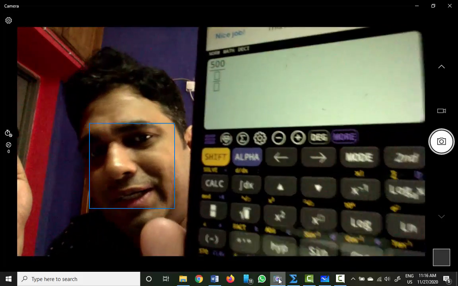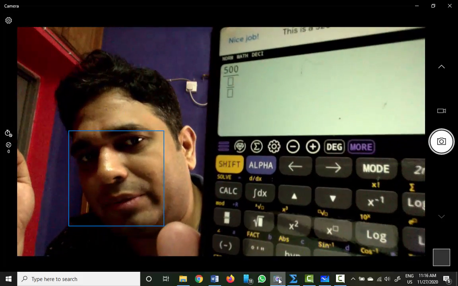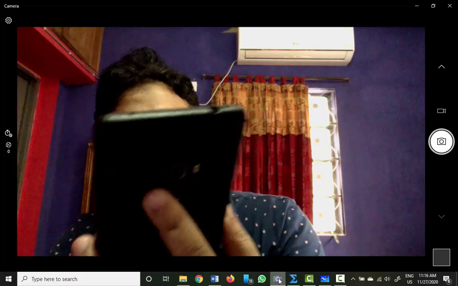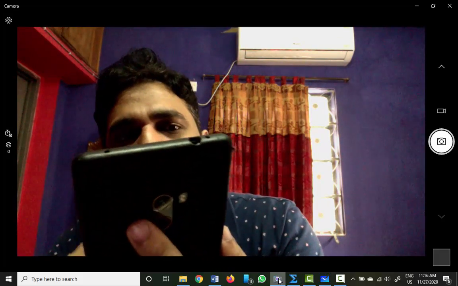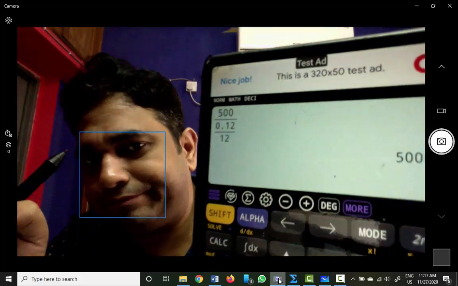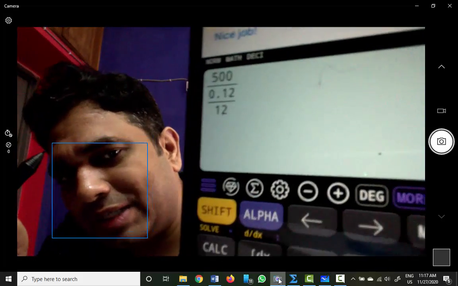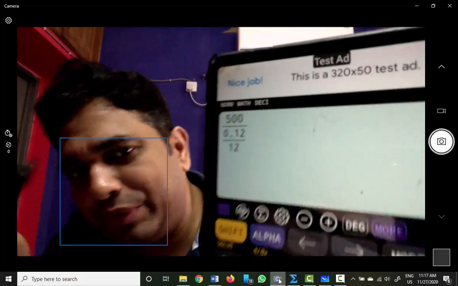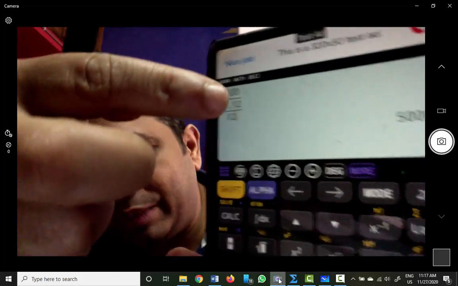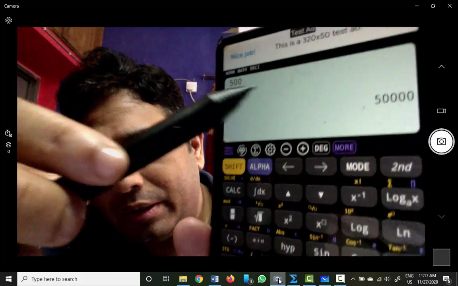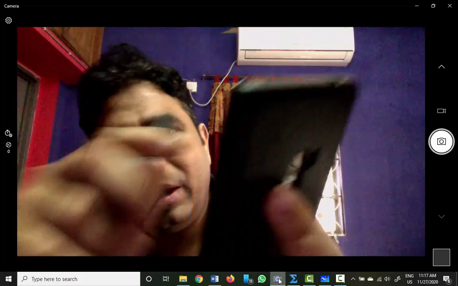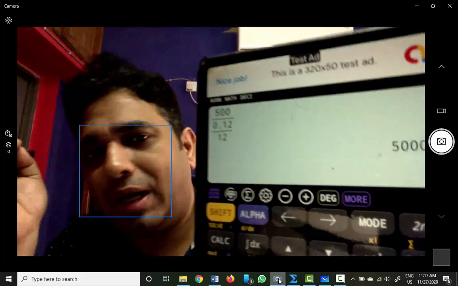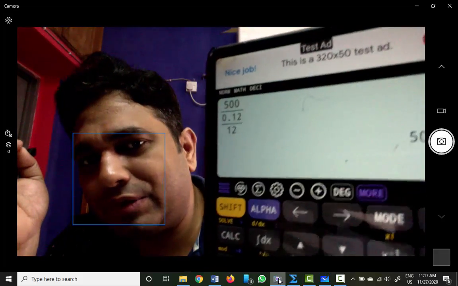Now I will press 0.12. Now I will again go to the lower part. As you can see, the cursor is in the lower part of the fraction, so I should type here. I will just touch there, and the cursor is there now.